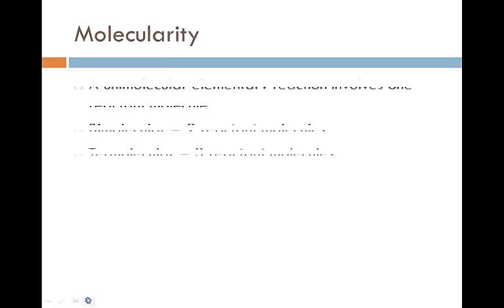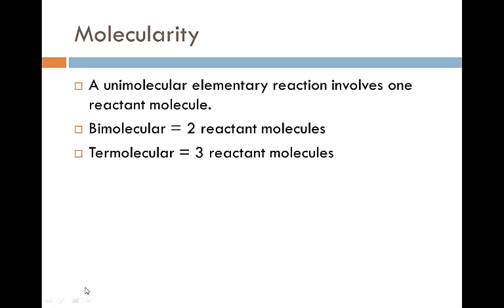So when talking about molecularity, we have some vocab terms: unimolecular, bimolecular, and termolecular. And all that is telling us is how many reactants are in a specific elementary step of a mechanism.